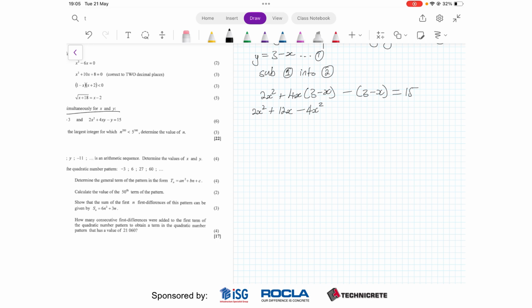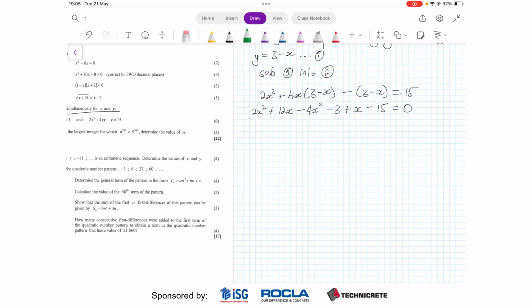Moving on, we will have minus 3. Negative multiplied into negative x will be plus x, which is equal to 15. Now, we will take this 15 and put it on the left-hand side and equate all of that to 0, just so that we can make life a little bit easier.